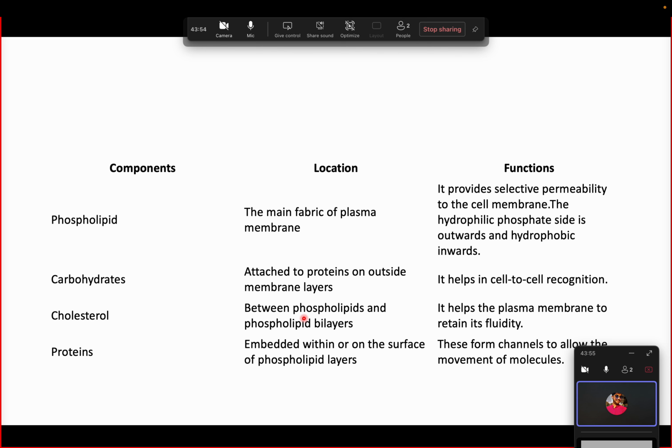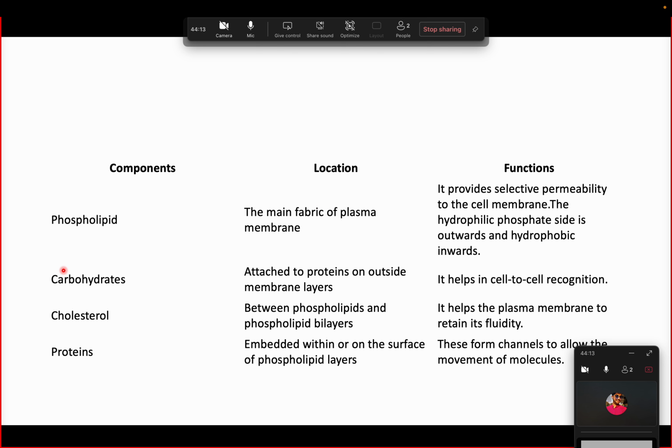The location is pretty specific and pretty common, in that the membrane is asymmetric in nature, right? So their distribution will also be asymmetric. Phospholipids, as they make up the plasma membrane, the location will be like this is the plasma membrane.